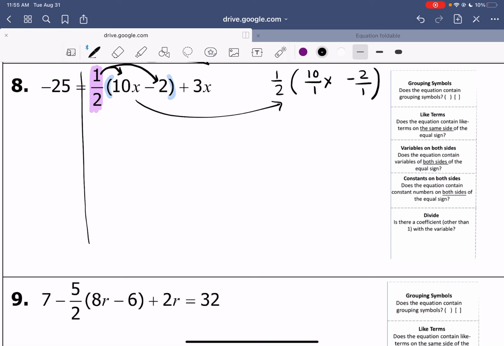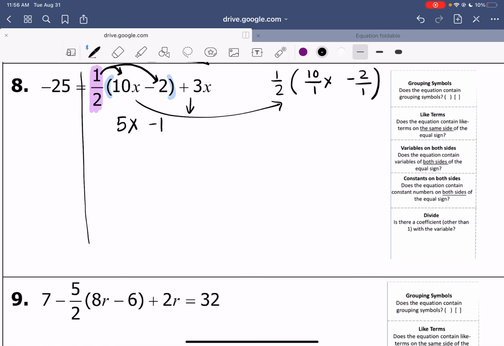So I would just multiply across. 1 times 10 would be 10, 2 times 1 would be 2, and 10 divided by 2 gives me 5x. Then 1 times negative 2 is negative 2, divided by 2 times 1 is 2, gives me a negative 1. Hopefully that wasn't more confusing than it needs to be.